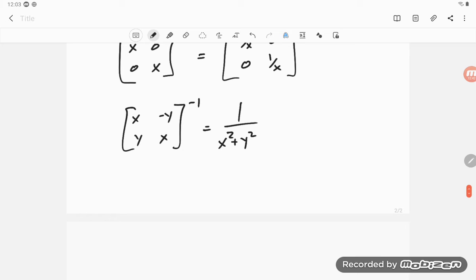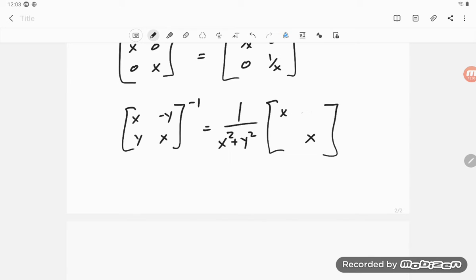And then times, and let's see, what the heck is that? I have to think about that a little bit. These would be x and x, and then I can just never remember where the negatives go.